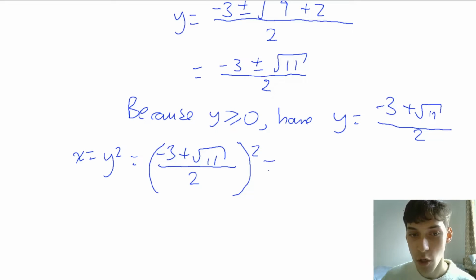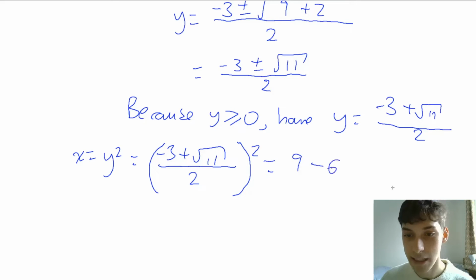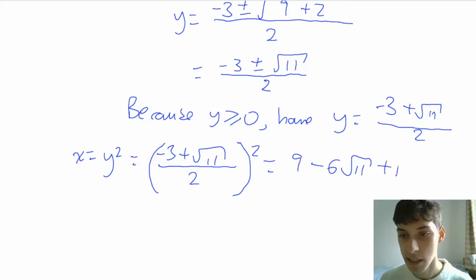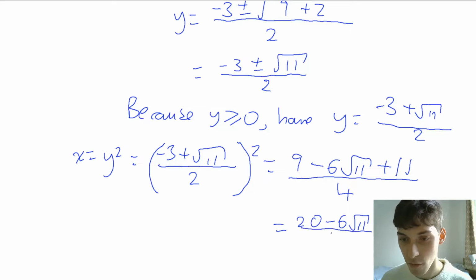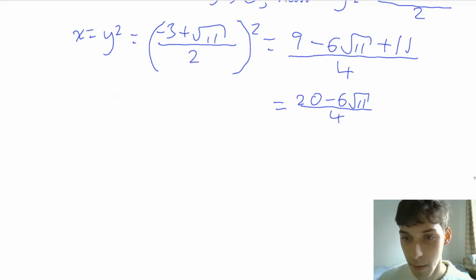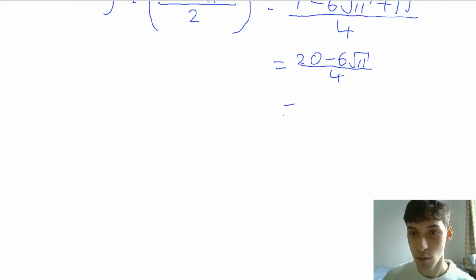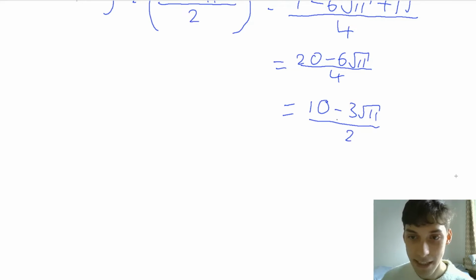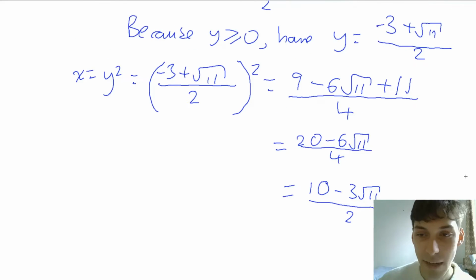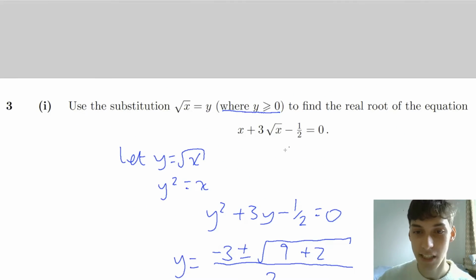So first squaring the numerator we get 9 minus 6 root 11 plus 11, all over, squaring the denominator, we get 4, which is equal to 20 minus 6 root 11 all over 4. So if I just scroll down a little bit more, x is equal to 10 minus 3 root 11 all over 2, which is our required answer. This gives a value of x that solves this equation.